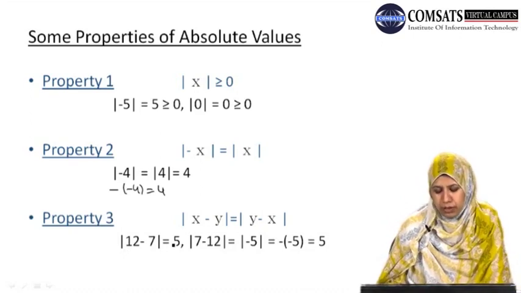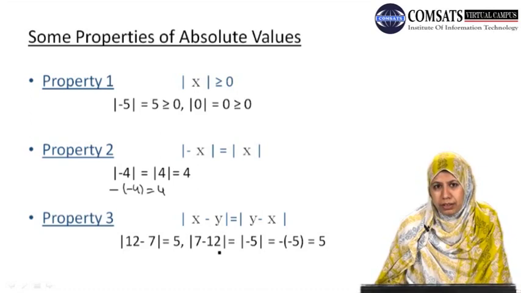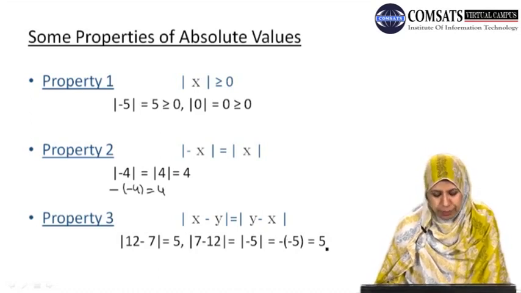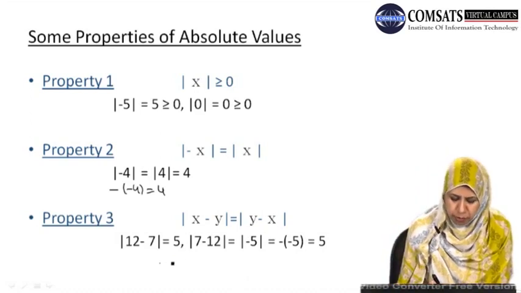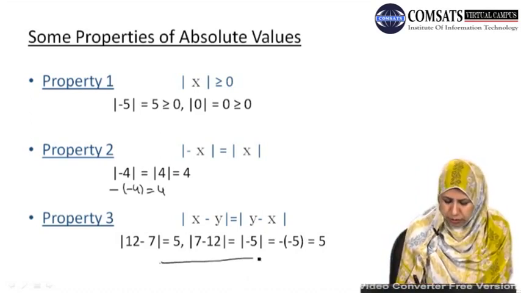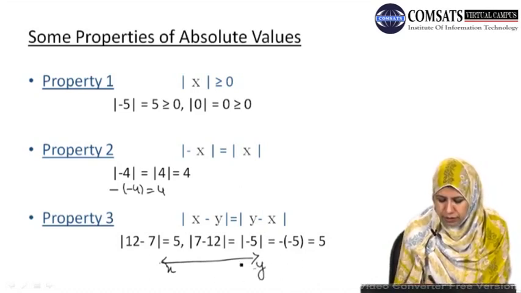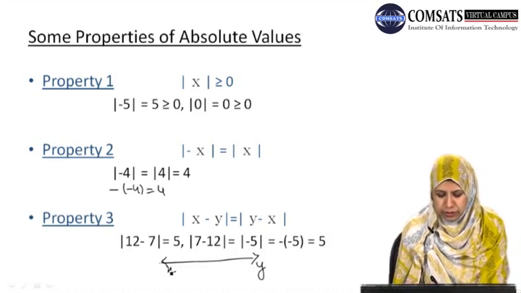Now considering the right side of the equality, which is 7 minus 12, which is minus 5, since it is negative, by considering the absolute value we multiply it with the minus sign and we again get the answer 5. So the distance from x to y is the same as the distance from y to x.